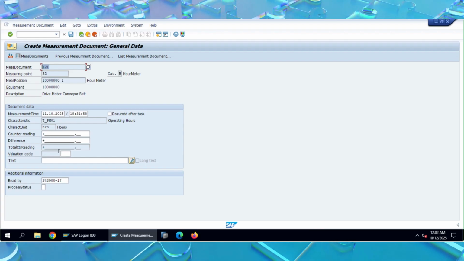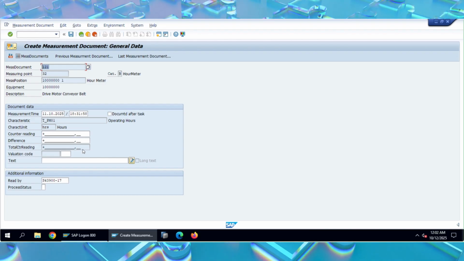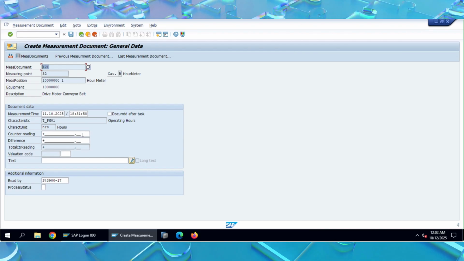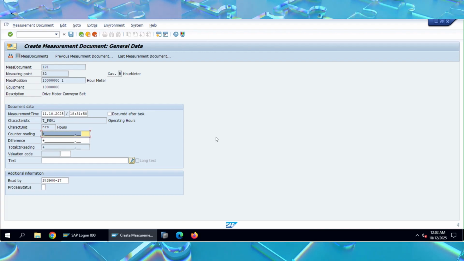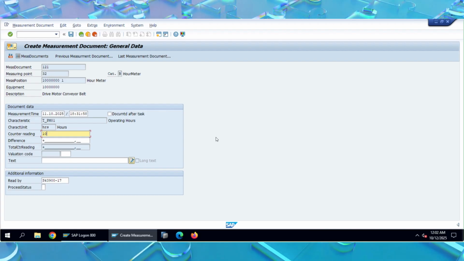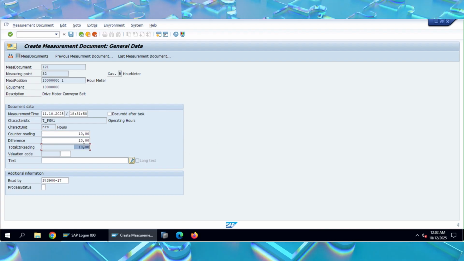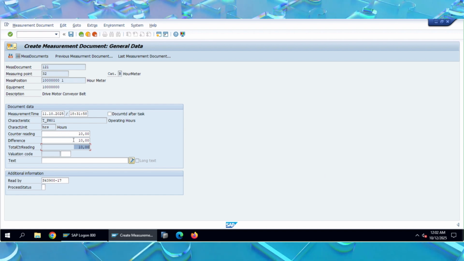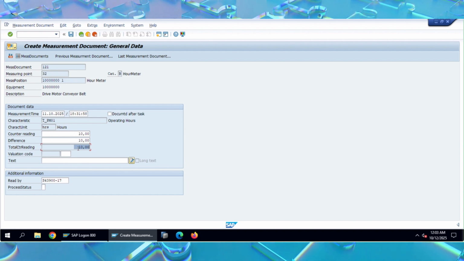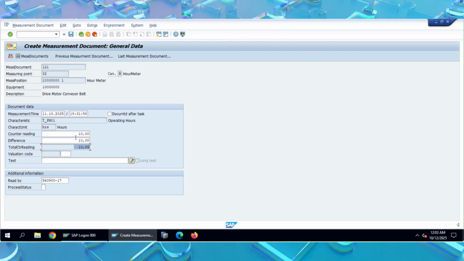No reading has been taken yet, because the total counter reading is blank right now. Suppose it is in hours, and I say it has run for 10 hours. I press enter, and you can see the total counter reading is 10. And the difference, if there is any: suppose my previous counter reading was 5, then it will show 10 as the difference.